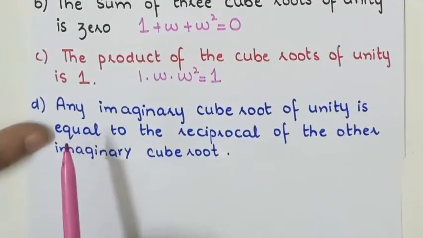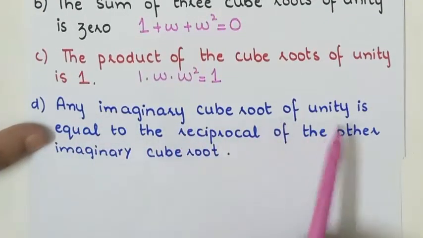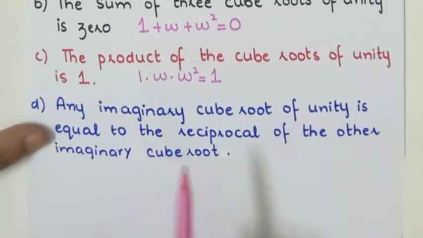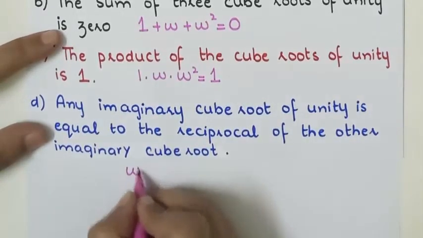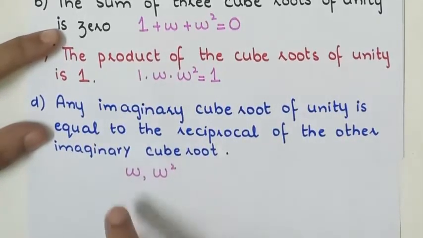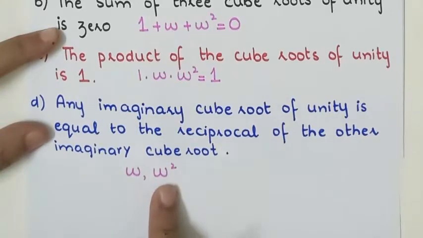And the last one is that any imaginary cube root of unity is equal to the reciprocal of the other imaginary cube root. So omega and omega square are the two imaginary cube roots, so they are the reciprocal of each other.